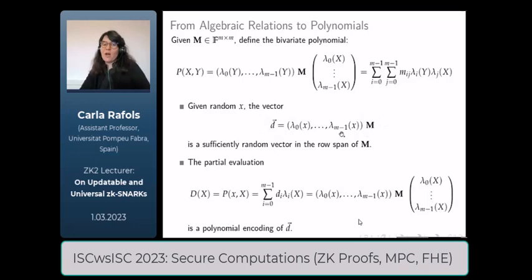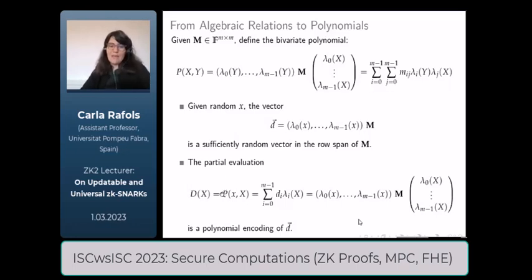of M, we can think of this vector as a partial evaluation of a polynomial. Indeed, okay? So we define this polynomial, which is a bivariate polynomial that encodes this matrix M in this form. I'm multiplying on the left by the Lagrange polynomials evaluated at some variable, and on the right by the Lagrange polynomials evaluated at another variable. This gives me a bivariate polynomial.